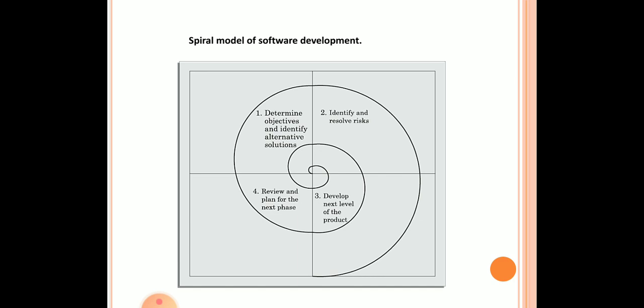Activities during the fourth quadrant concern reviewing the results of the stages visited so far, that is, the next version of the product, which is reviewed with the customer, and planning the next iteration around the spiral.